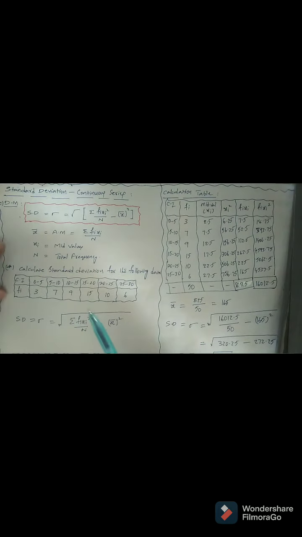The final standard deviation value is 6.92820. So what do you call this method? This method is considered as calculation of the standard deviation by direct method. So this is the formula.